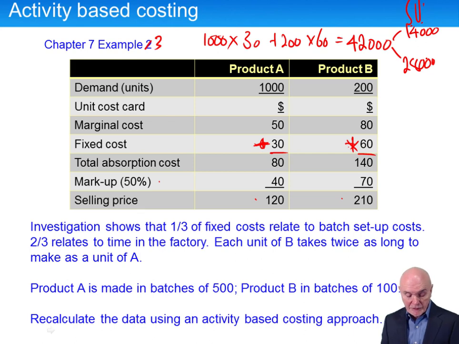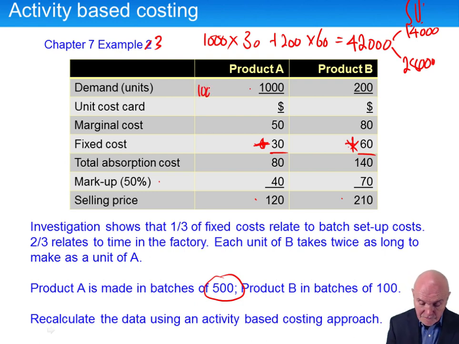So how many setup occasions are there? Well, here we have demand of 1,000, and it says each setup here, or each batch, is of 500. So to get 1,000 units of A, there must be 1,000 over 500 equals 2 setups.